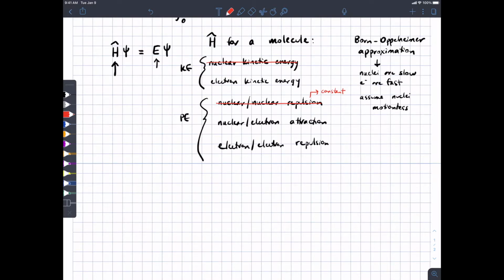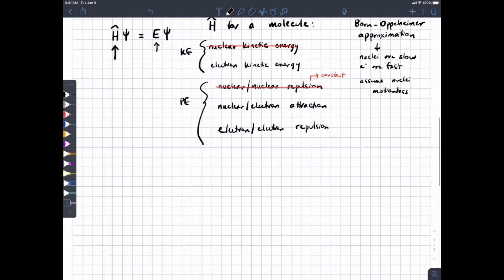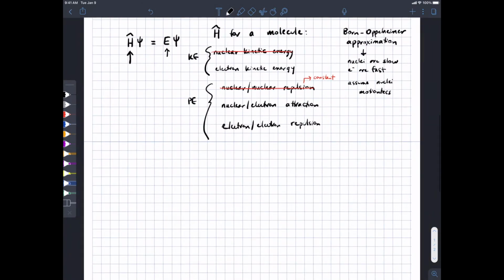So let's show you what the simplified Hamiltonian looks like with that in mind. For electron kinetic energy, we're going to have the familiar form that we talked about last time. Little m here is the mass of an electron.